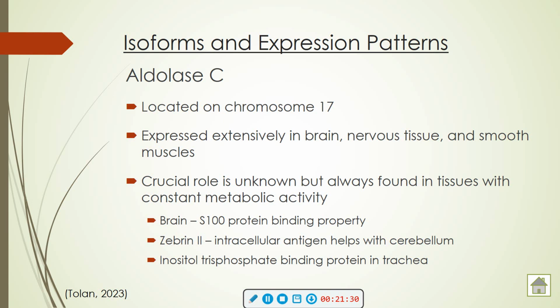All the research that I found, there is not a hardened fact that we know exactly what its specific role is. However, there is a pattern to where it's found. It is always found in those tissues that have constant metabolic activity. Think about it. Your nervous system, your heart, your brain, it is always having to function in some way. There is always metabolic activity occurring.